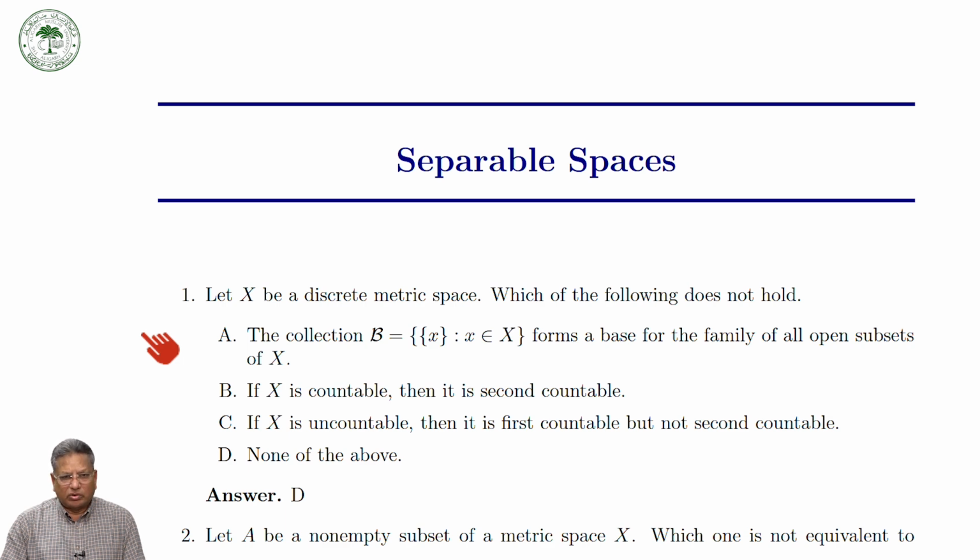Now you have the collection B consisting of all the singleton sets. So this collection consisting of all singleton sets forms a base for the family of all open subsets of X.